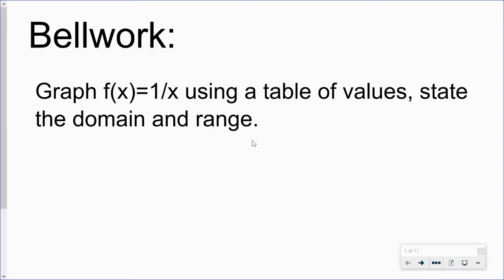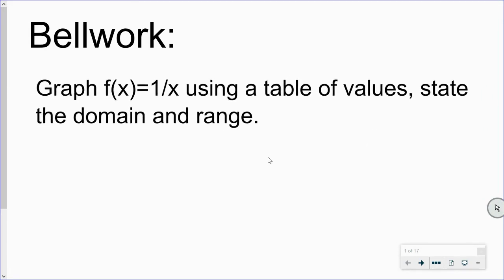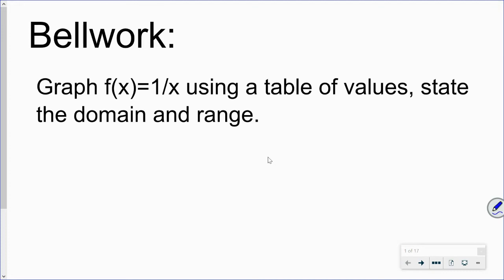Okay, now that you've attempted this bell work, we are going to work through it. We're just going to graph this parent function. This is the parent function of a rational, 1 over x.